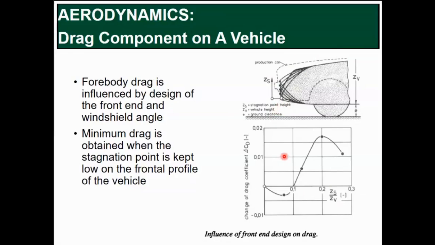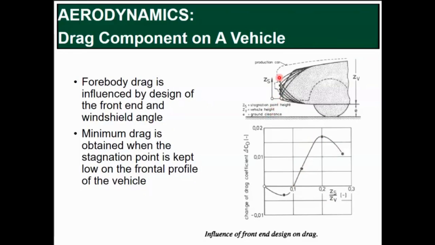If the ZS increases, the change of drag coefficient will increase until some point, and then it will decrease. So how to minimize the drag? When the stagnation point is kept low on the frontal profile of the vehicle.